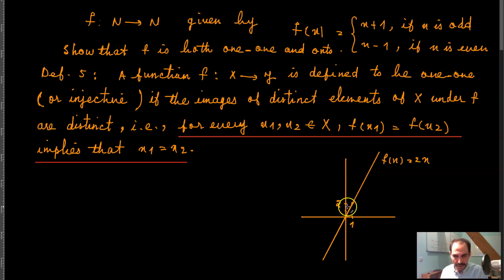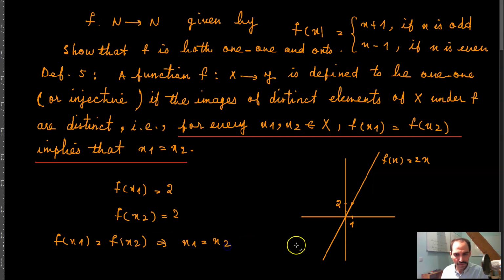Now, let's say that f of x1 is equal to 2, and let's say that f of x2 is equal to 2, right? So here f of x1 is equal to f of x2. That implies that x1 is equal to x2, because x1 is equal to 1 and x2 is equal to 1, right?